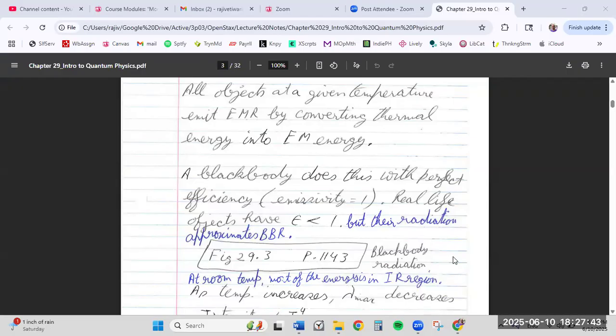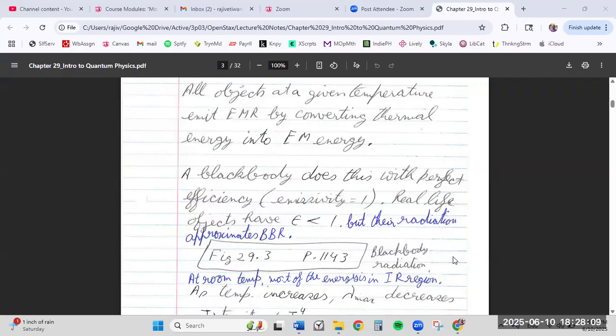Now, atoms, you will recall, are basically made up of positive and negative charges. And so moving atoms, moving molecules constitute electric charges that are constantly moving and accelerating and decelerating as they collide with other similar particles.